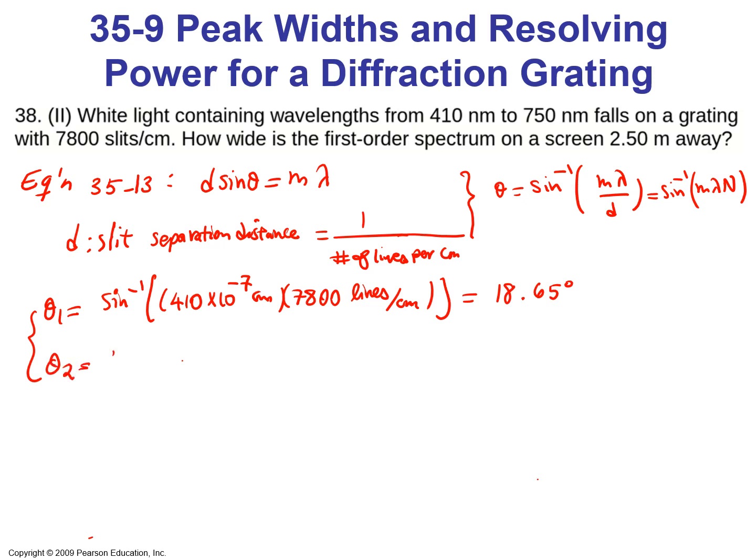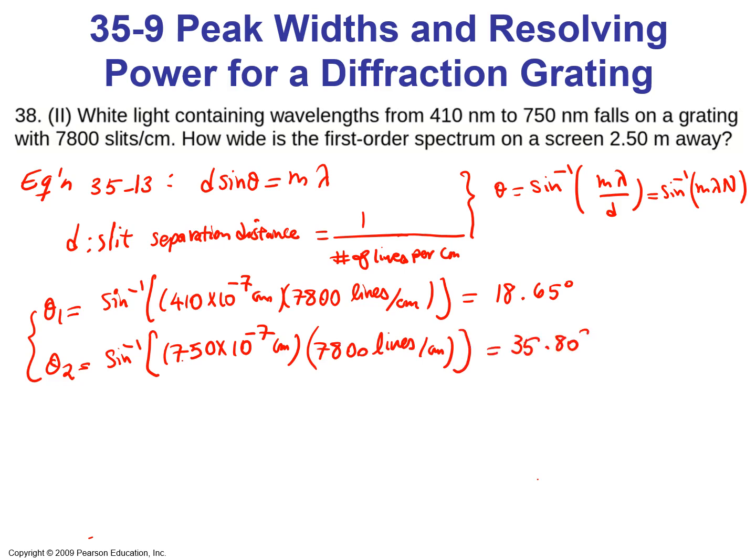For theta 2, we have inverse sine of 750 times 10 to the power minus 7 centimeter times 7,800 lines per centimeter, which is equal to 35.8 degrees. So these are the angles at which we have the central maximum of the minimum and maximum wavelengths.